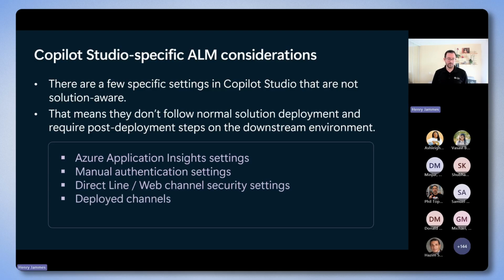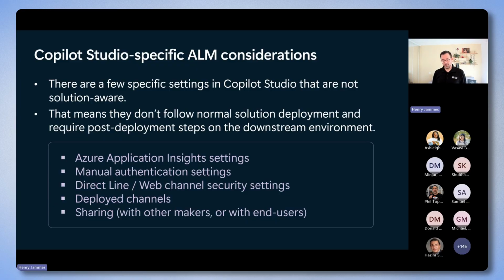The deployed channels, just because you have deployed your agent, and the channel can be Teams, you have to redeploy to Teams as a new app, or as we just discussed before, potentially update the deployed app manifest targeting the new agent that you just deployed. You need to do that as a post-deployment step, especially for Teams. I think for website, you should be okay because the direct line channel should be enabled automatically once you deploy the agent. But for Teams, you need to do that.